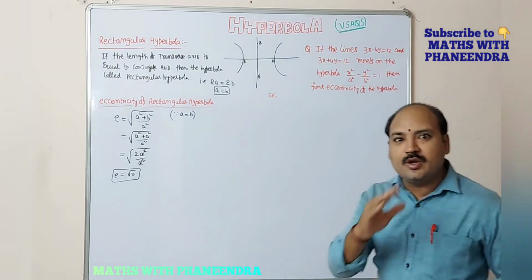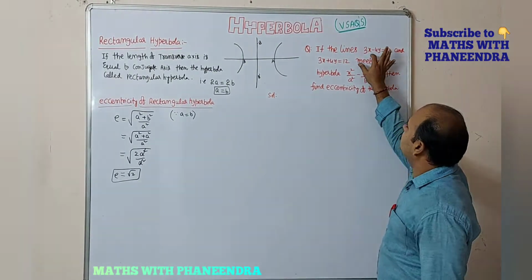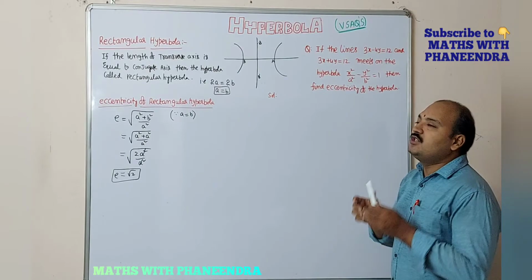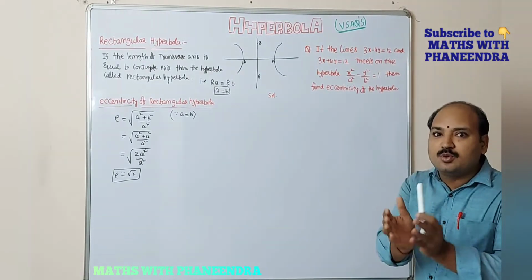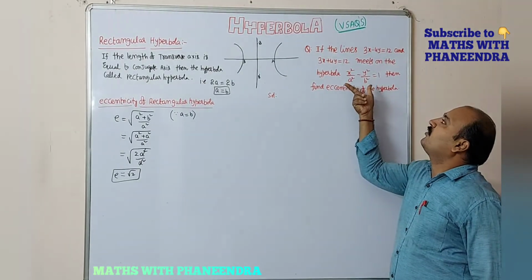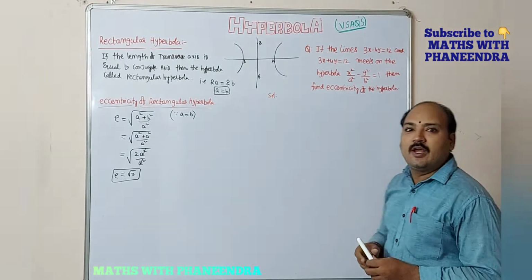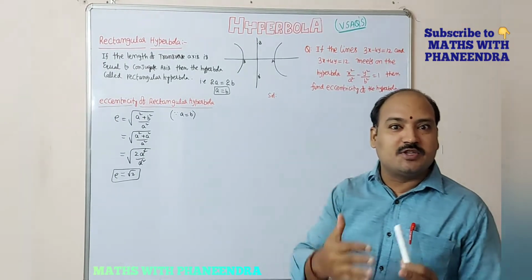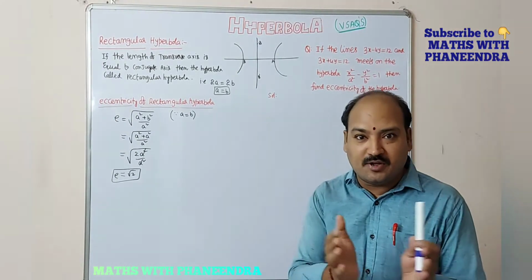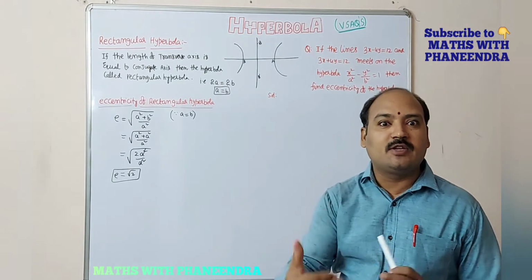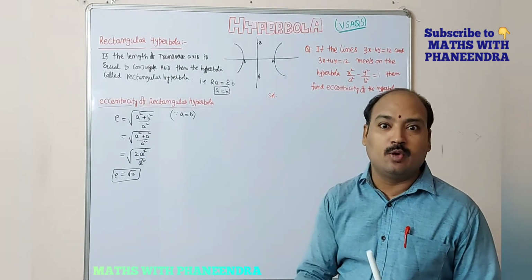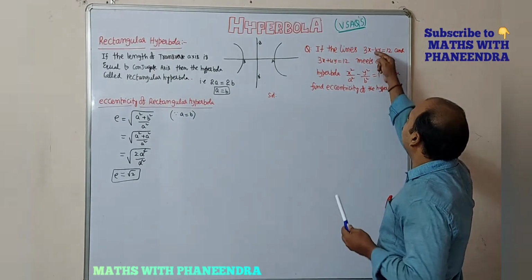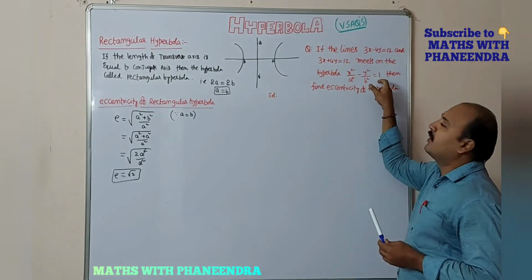Dear students, you remember, whenever two lines are given, the combination of two lines represents the hyperbola. Like in pair of straight lines, ax square plus 2hxy plus by square equal to 0, we represent the combination of lines as l1x plus m1y and l2x plus m2y. Similarly, these two lines also represent this hyperbola.